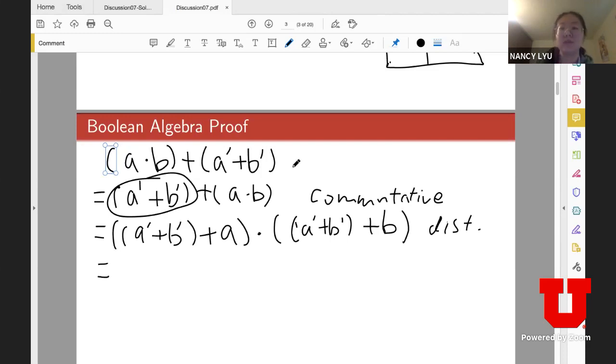So what should we do next? Could you do associative, where you move the parentheses? Yeah, we can do that, but to be precise, we can use commutative again. Oh yeah, so use commutative first.